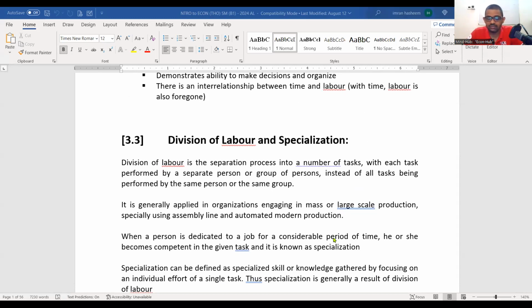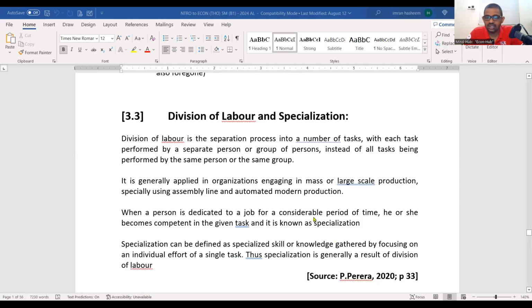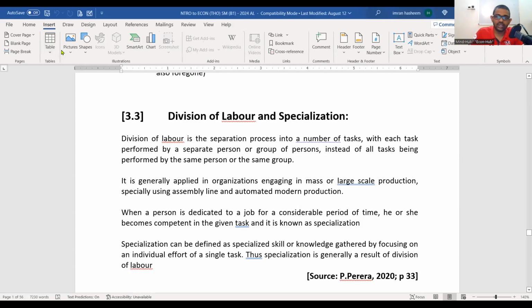Now we are looking at a very special area known as division of labor and specialization. I've given a definition for division of labor, and specialization, based on what one of your senior examiners, Professor Prasanna Pereira, has mentioned in his textbook.